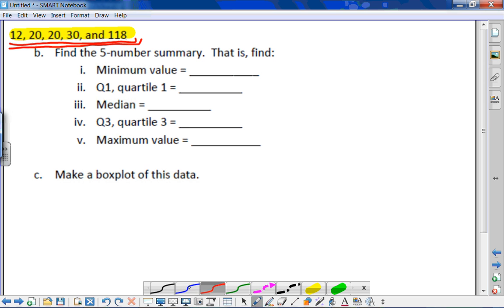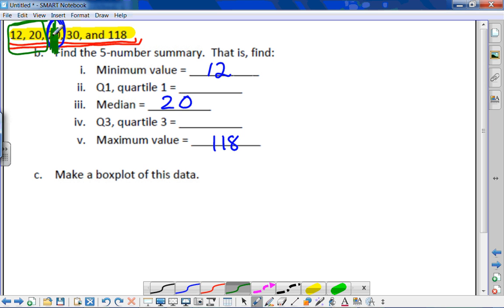Alright, the minimum value is 12, the maximum value is 118. There's 5 values. They are in order. This is the one in the middle, so that's the median. For the quartile 1, we look at the bottom half. We do not include the median and average them.